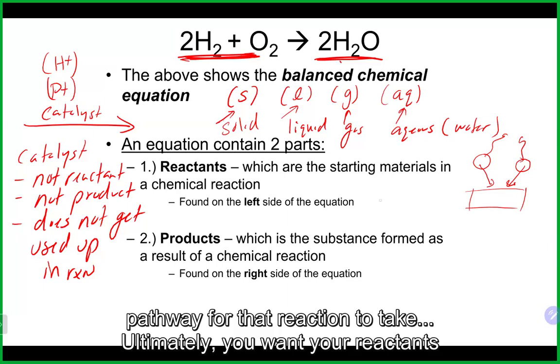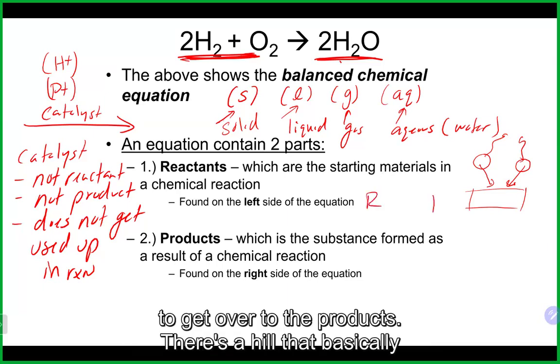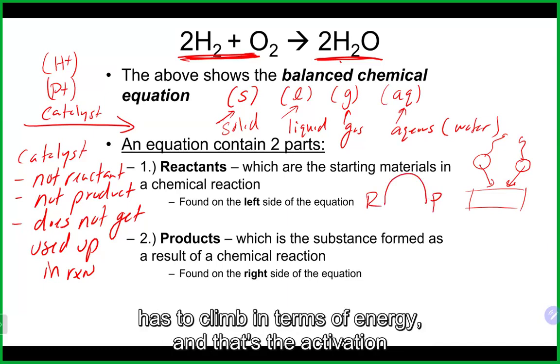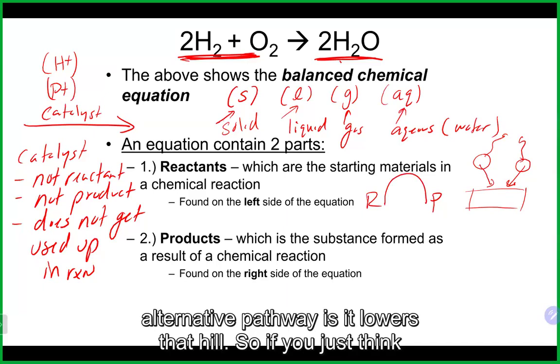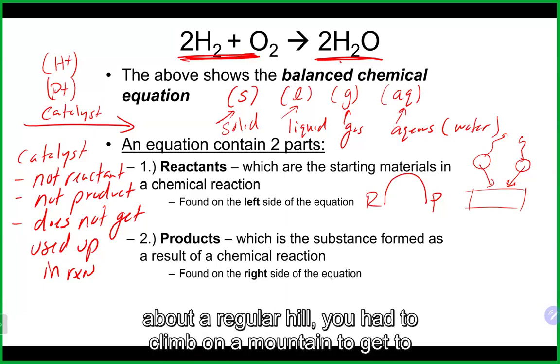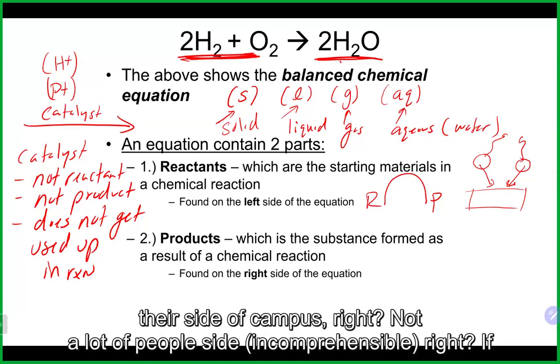Ultimately, for your reactants to get over to the products, there's a hill that they basically have to climb in terms of energy, and that's the activation energy. And what a catalyst is able to do by finding this alternative pathway is it lowers that hill. So if you just think about a regular hill, if you had to climb a mountain to get to the other side of campus, right? Not a lot of people would.